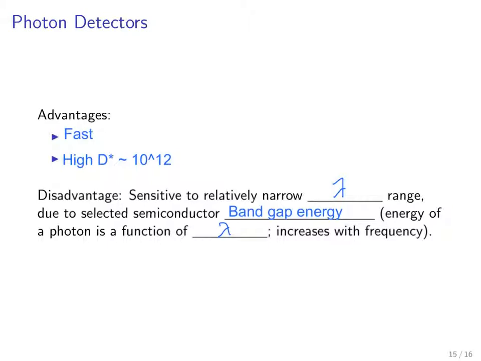So that's why we have this relatively narrow sensitivity: it takes a certain energy to knock the electron out and create an electron-hole pair, and so that energy is dependent on the wavelength, and it will also depend on how the device is built.